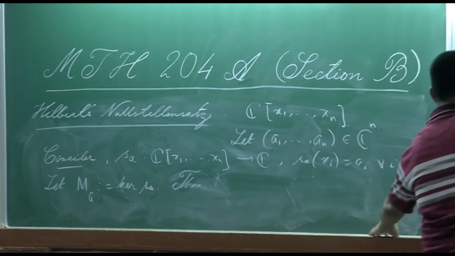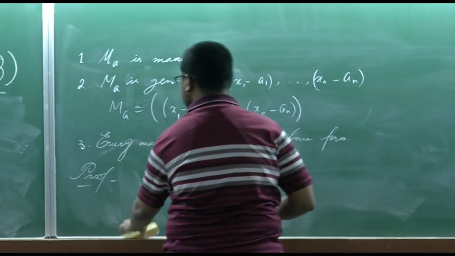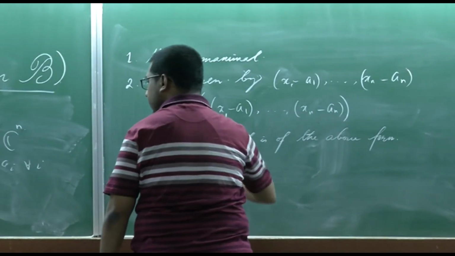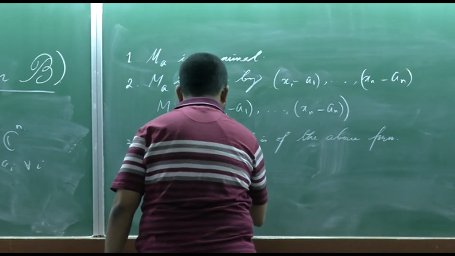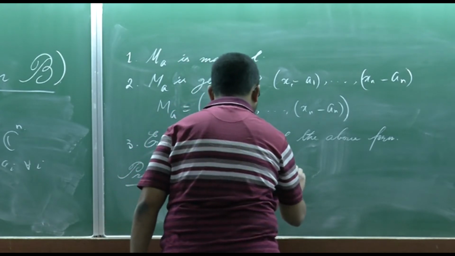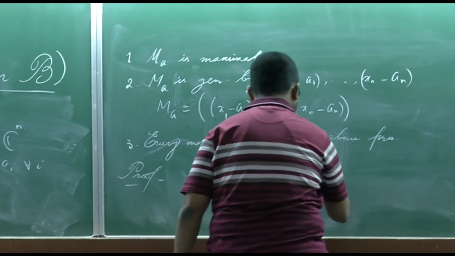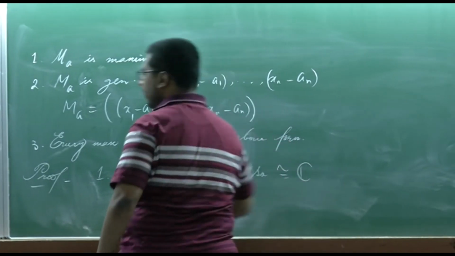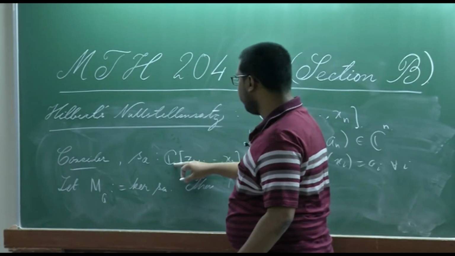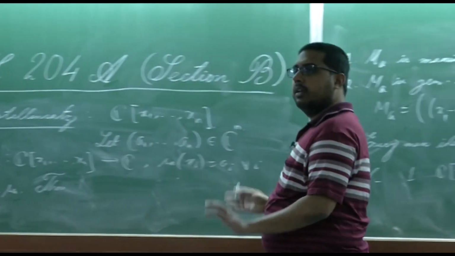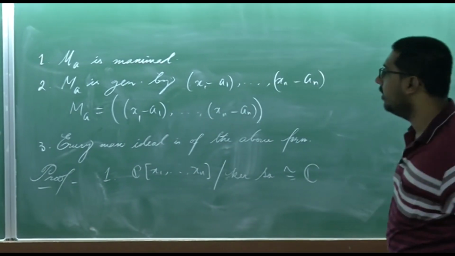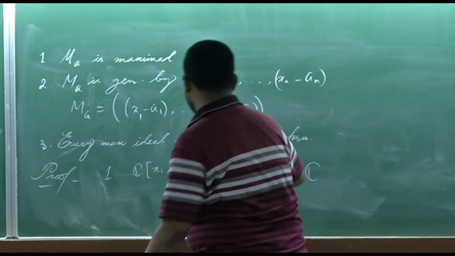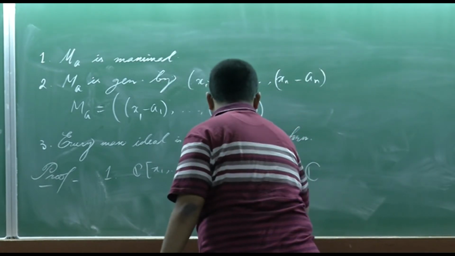It is clear that this ring modulo kernel S_a is isomorphic to C, exactly because the constant polynomials are being evaluated exactly at that constant. So therefore, this is maximal.